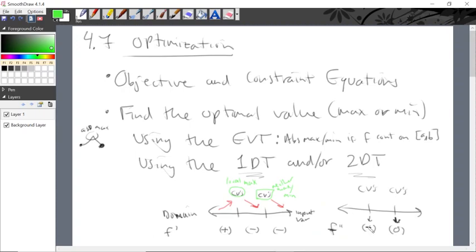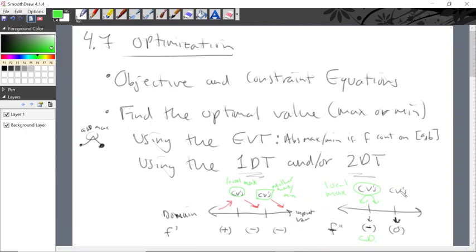And if the second derivative is negative at that critical value, that would tell us that the function is concave down through that point, at some small interval surrounding that point. And if it's concave down at that point, and that point was a critical value, then that critical value is the location of a local maximum.